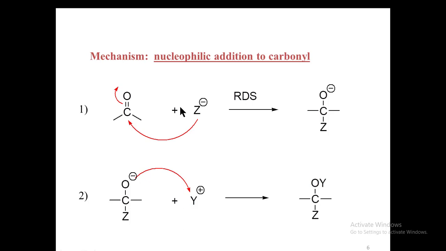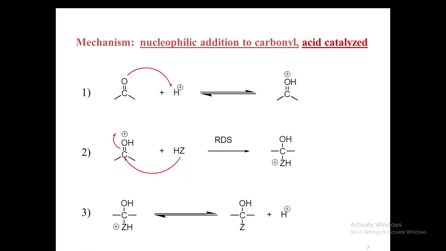You see the mechanism of this due to the polar nature. Oxygen will attract the shared pair of electrons towards itself, and as a result, if this is a complete transfer of electrons, the negative charge will be created here, and the nucleophile will approach and attack here. This is the rate determining step, the slow step.